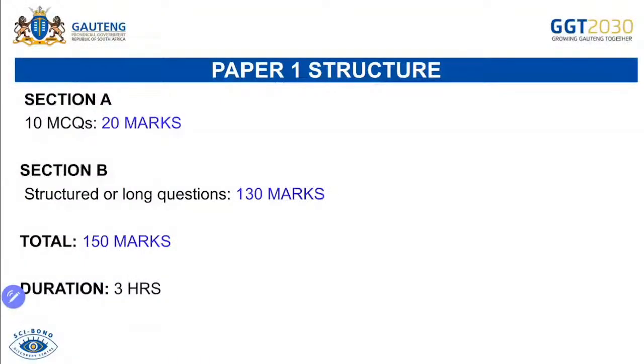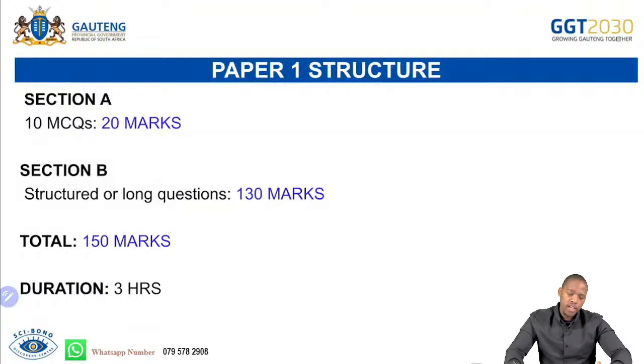Right. So again, we are still doing paper 1, and the structure of paper 1, as we've looked at before, is that paper 1 consists of 2 sections. That will be section A and section B. Section A usually has 10 multiple choice questions worth about 20 marks. Sometimes it will also have matching items, which will be about 8 marks.